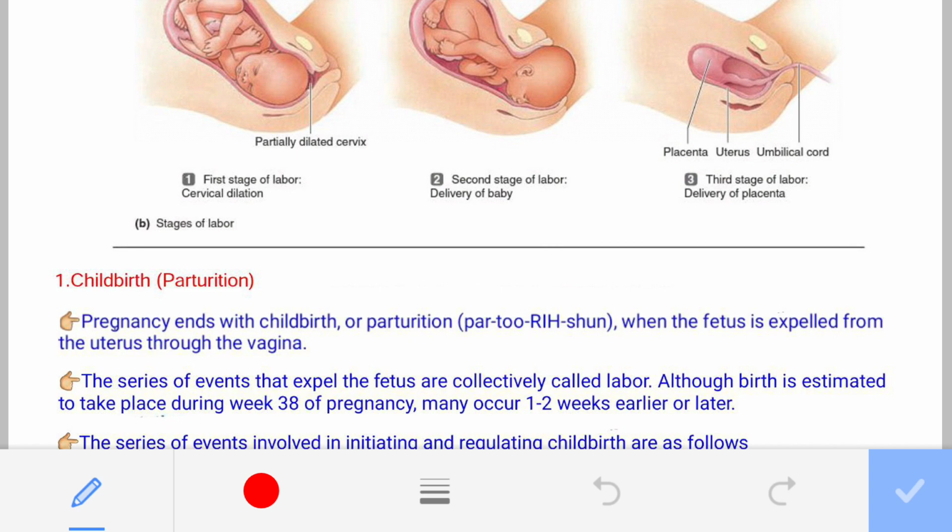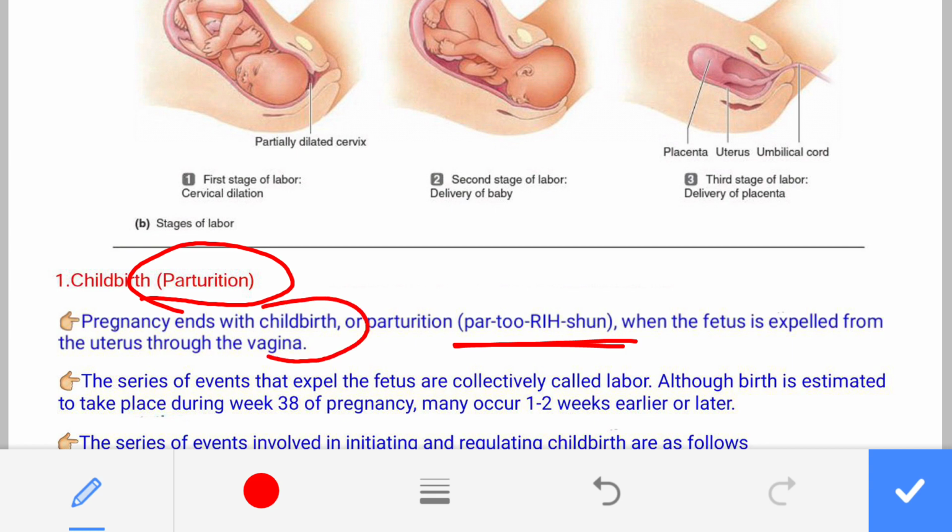Now, how to read out the spelling? Most of the time we speak it as parturition, but actually it is parturition. So parturition means the process of childbirth, and it occurs at the end of the pregnancy.